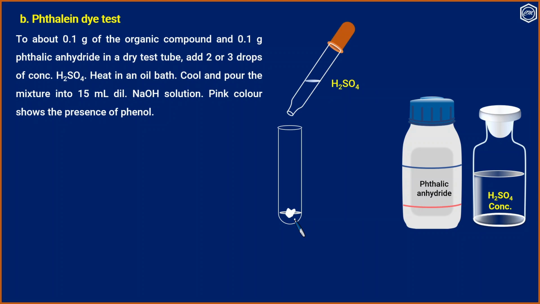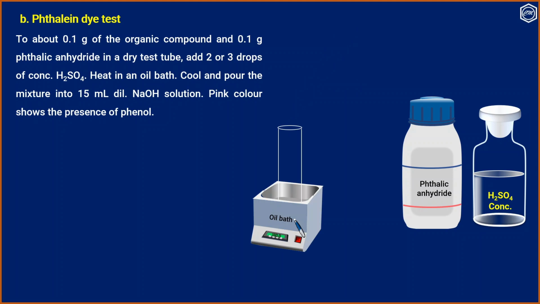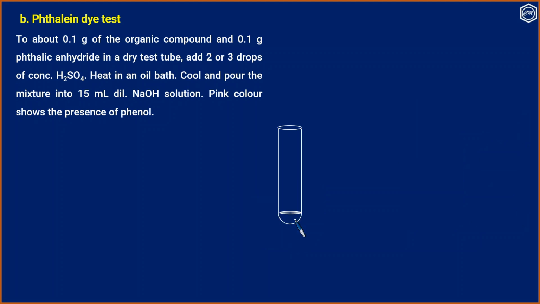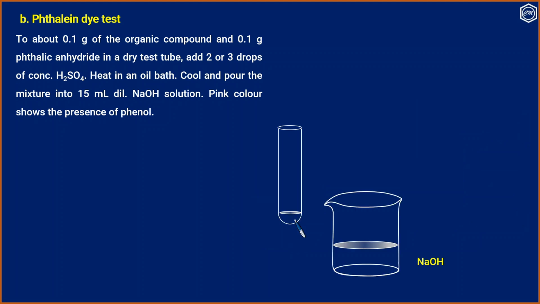Now we heat this mixture in an oil bath for some time. After that, we remove it from the oil bath and we take sodium hydroxide solution in another beaker and we pour the content of the test tube into the sodium hydroxide solution. The pink color appears, and this pink color is due to the formation of phenolphthalein.